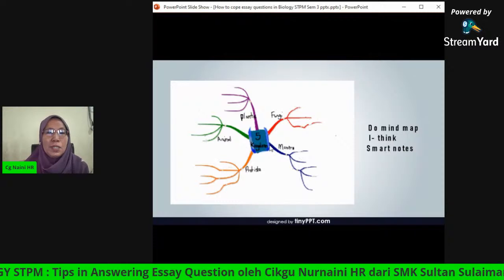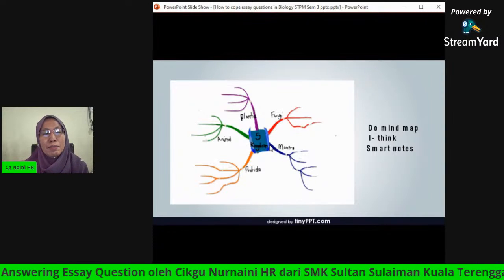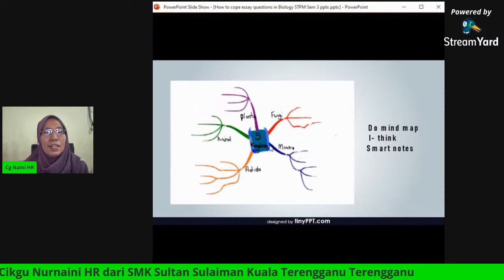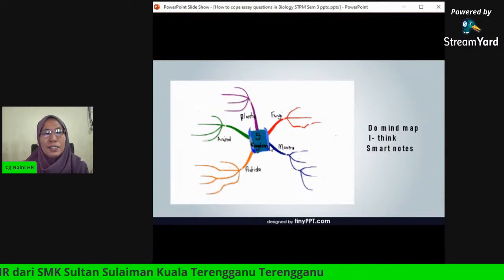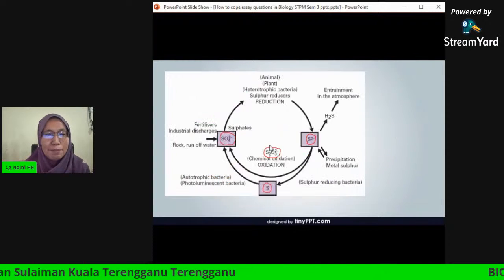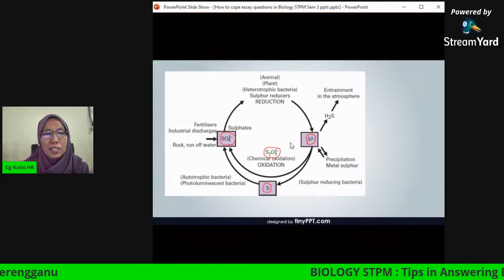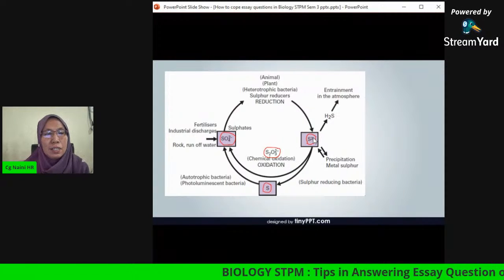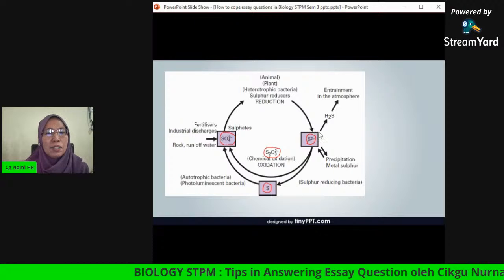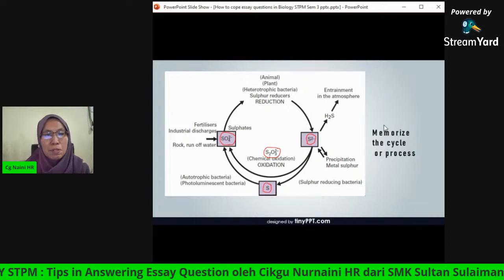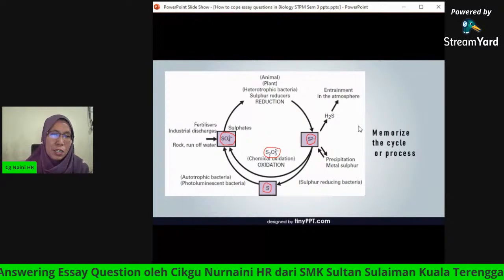Boleh gunakan mind map ke, IT ke, smart notes ke, supaya nanti lebih faham nota yang you all baca. Also, in Biology STPM there are many cycles, so you must also memorize the cycles of the processes.